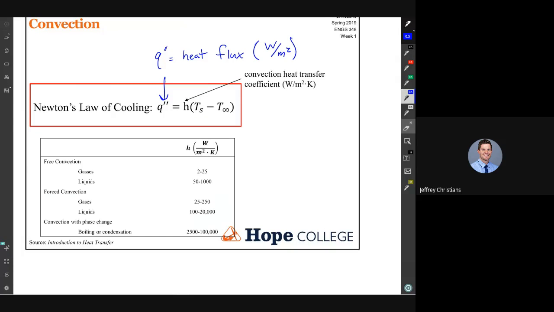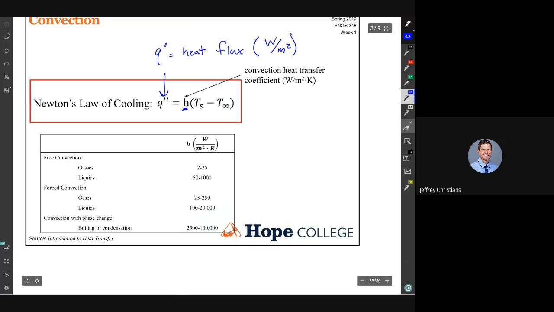Okay, so with convection, the physics of convection is really complicated, but we can simplify it down and kind of dumb it down to a really simple model. So right here, we have the heat flux, a single variable H, which we call the convection coefficient, and then two temperatures, Ts and T infinity.